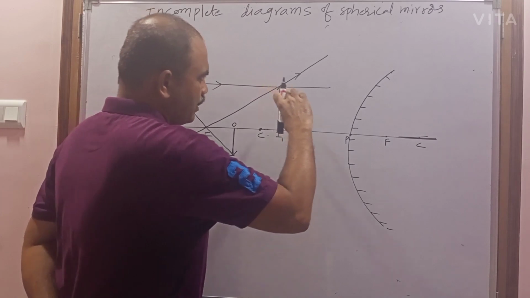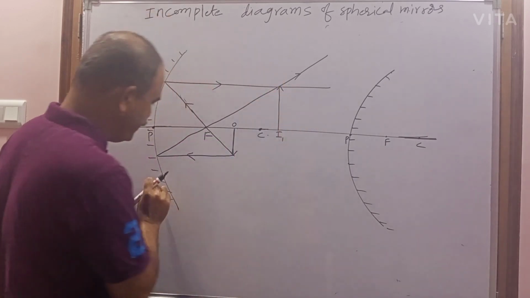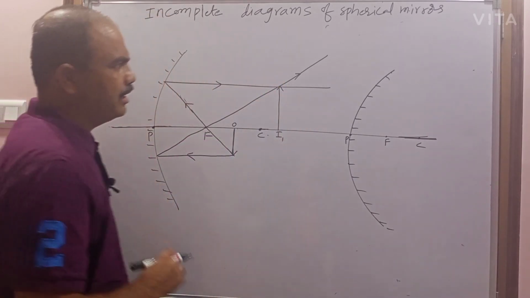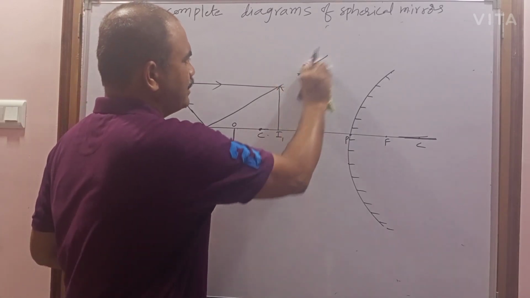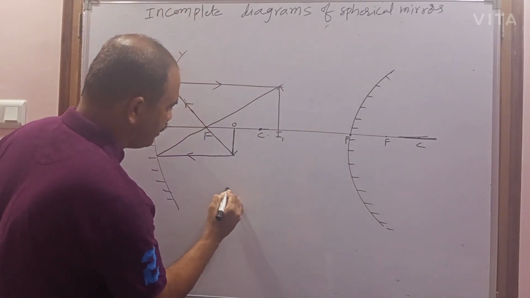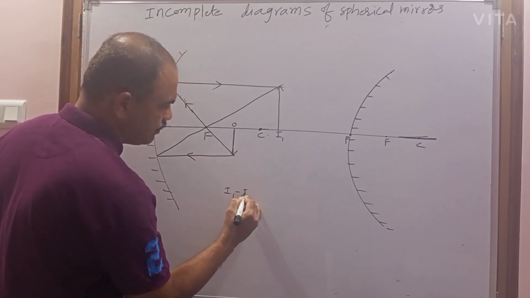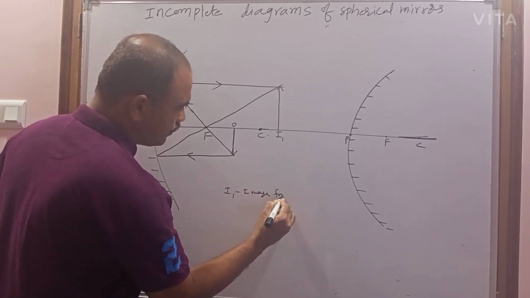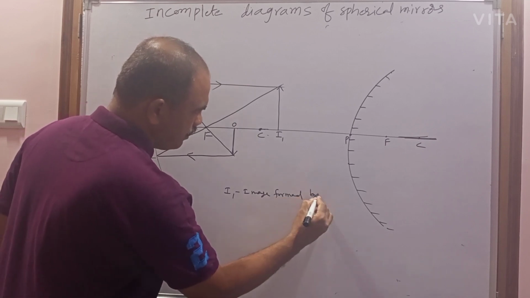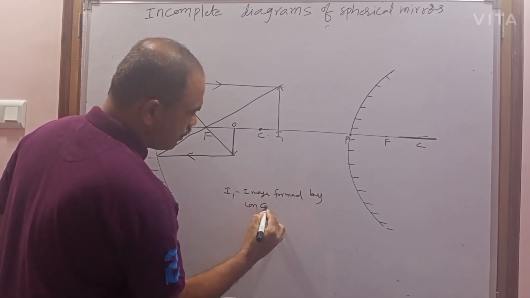I1 is the image formed by the concave mirror.